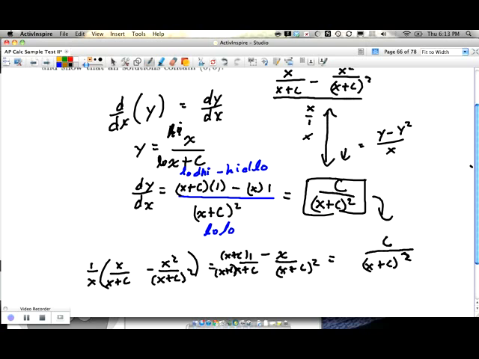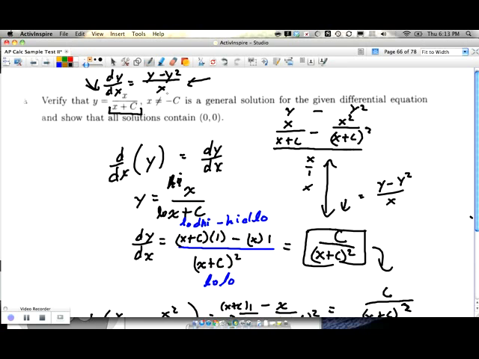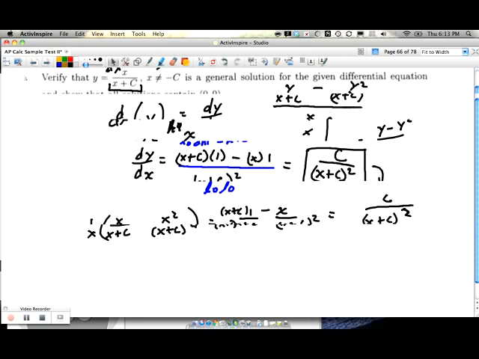If we take the derivative of this piece, that means that we get this up here. Then it asks us to also confirm something else. It asks us to show that the solutions contain 0, 0.